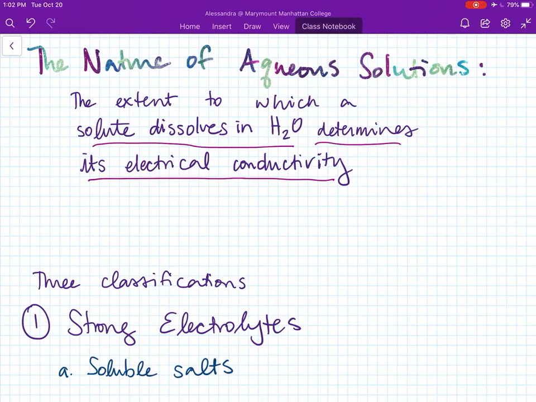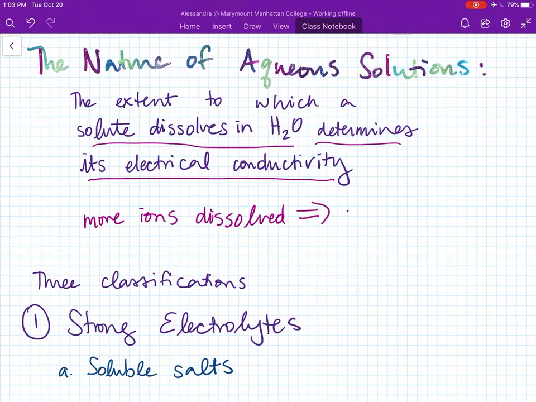Electrical conductivity is the ability to move charge, to conduct electricity. To conduct electricity, you have to have charge, you have to have electrons moving. In general, the greater the number of ions that you have dissolved in solution, the greater the conductivity.